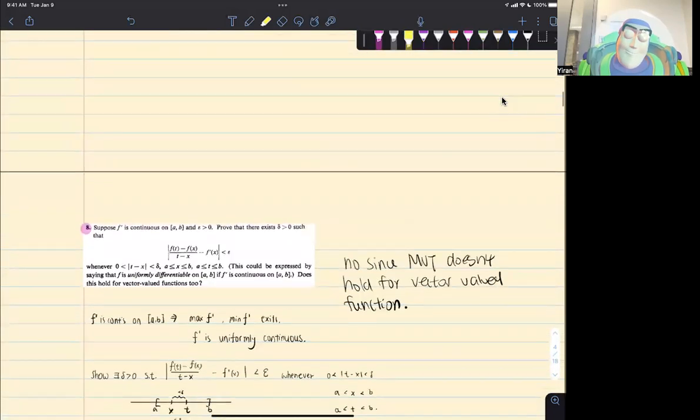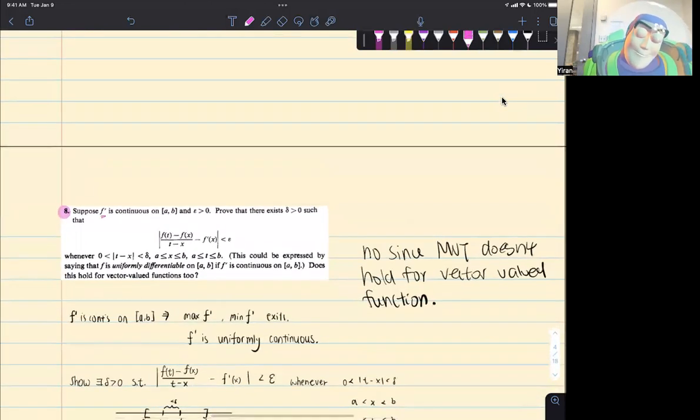It seems okay. So suppose f prime is continuous on [a, b], and epsilon is larger than 0. Prove that there exists a delta larger than 0 such that this holds.